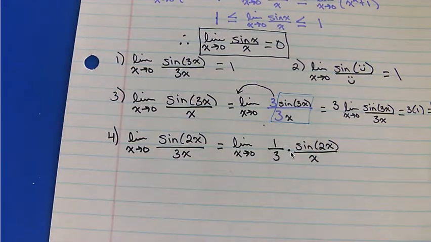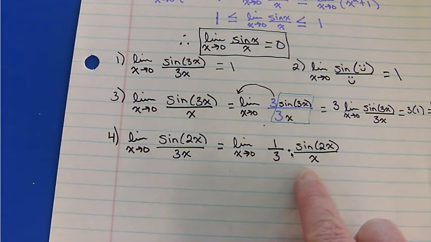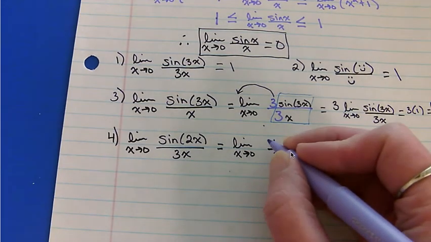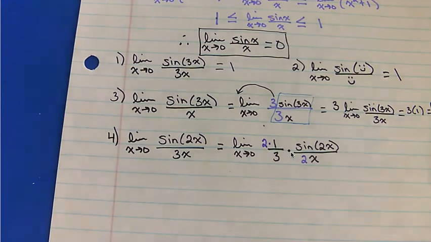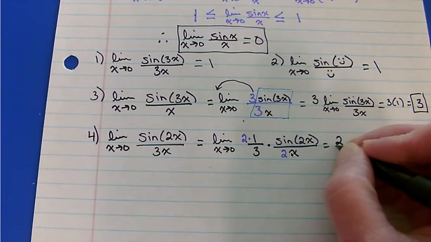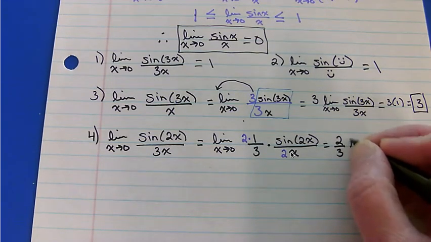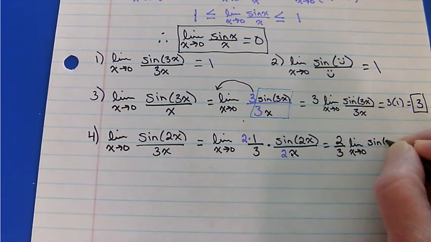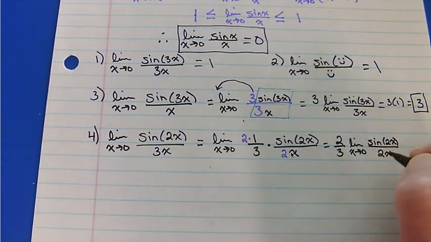They're still equivalent. Now I want that denominator to have a 2x, so if I multiply this by 2, I have to multiply the numerator, but I'm going to do that right here. So now this 2/3 can go on the outside, and then I have the limit as x approaches 0 of sine of 2x over 2x, which all of that just reduces to a 1, so I end up with 2/3.